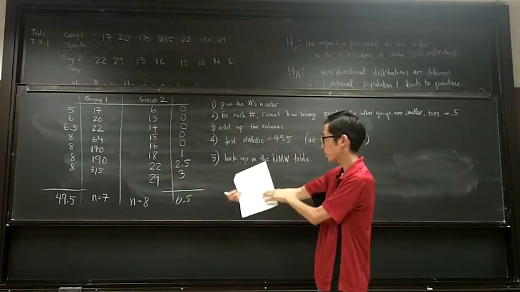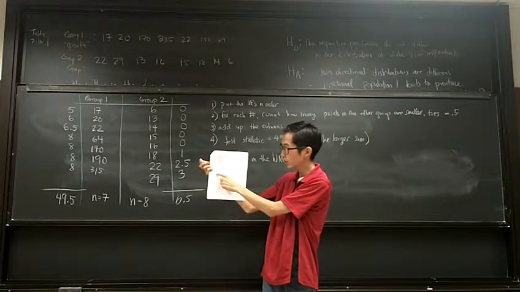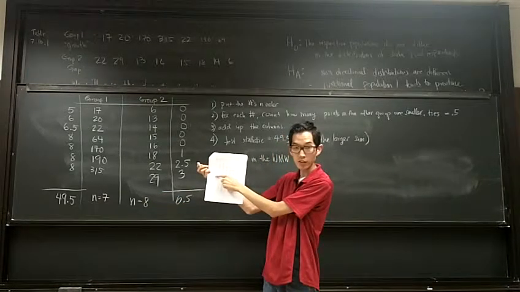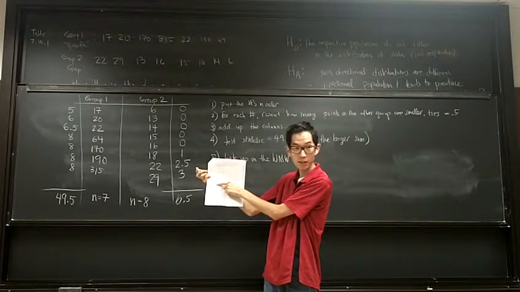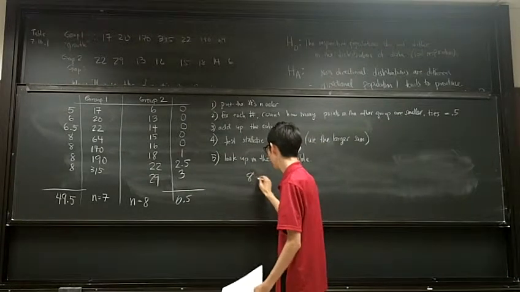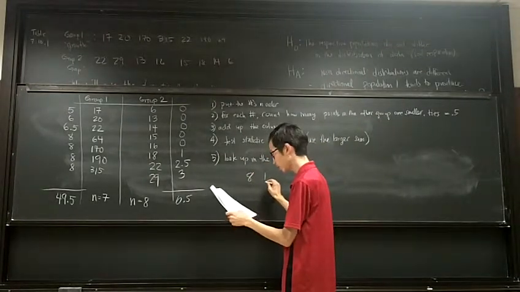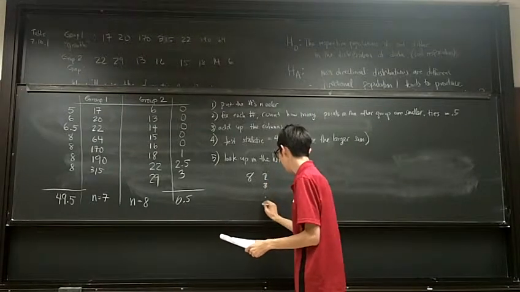So I take my larger number, n equals 8, and I start there, and within the group of 8, I find the 7. It starts off with 8, 8, 2, 8, 3, and then I go down to 8, 7.